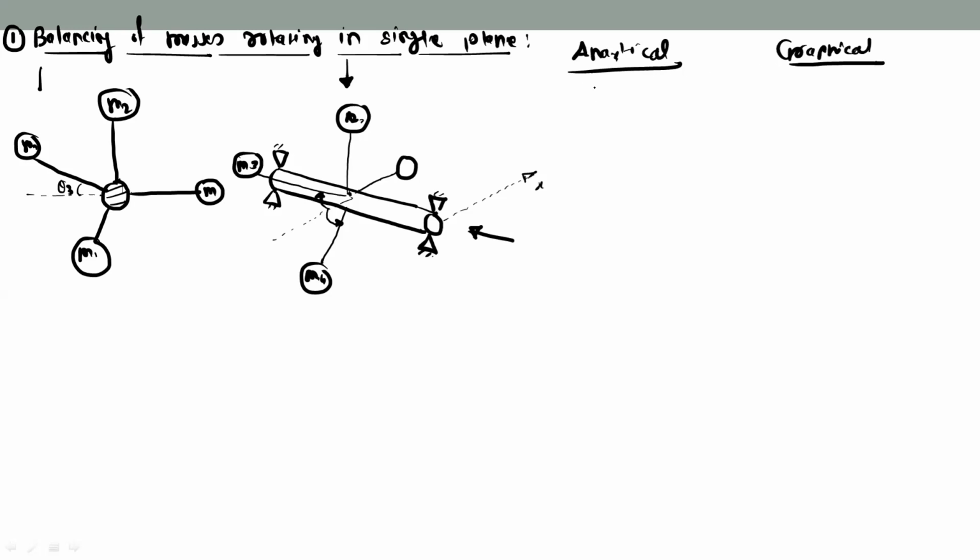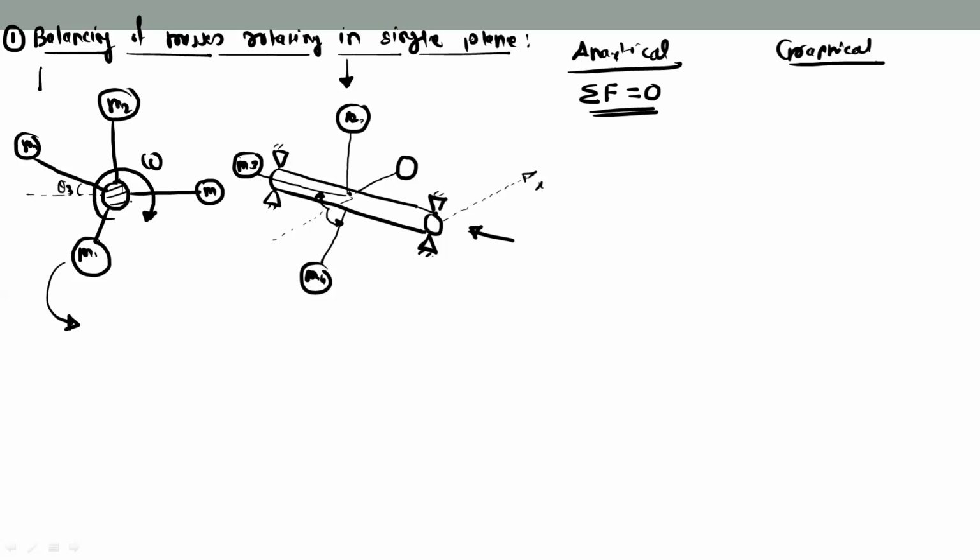Analytical approach means we have to use this equation: summation of F must be 0. So first we will draw the force diagram. This complete system is rotating with angular velocity omega.